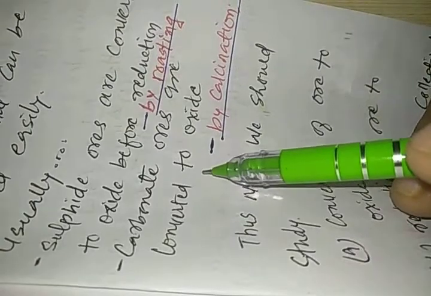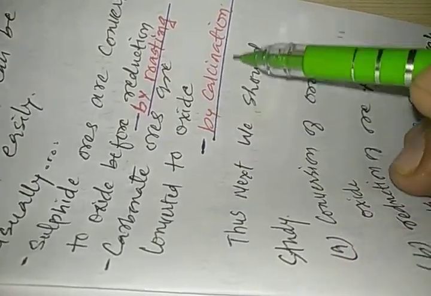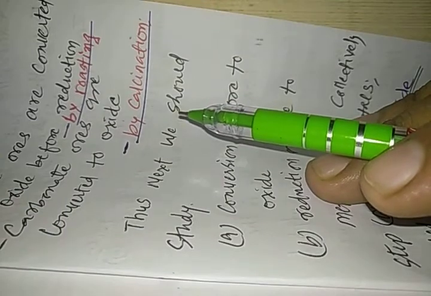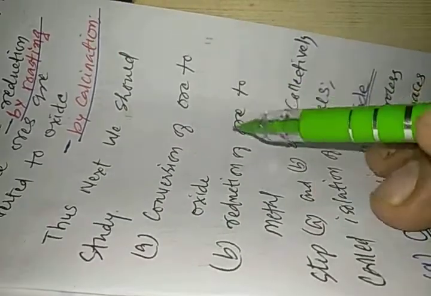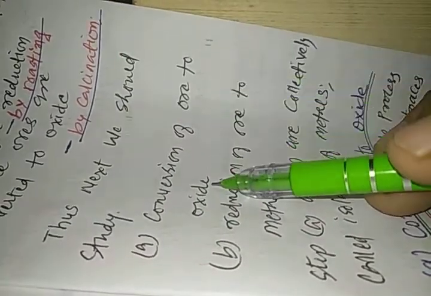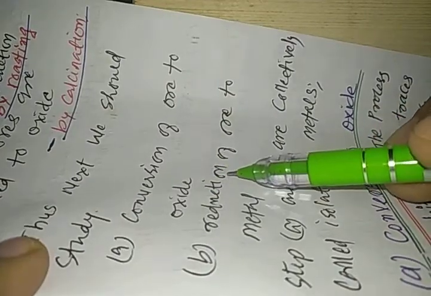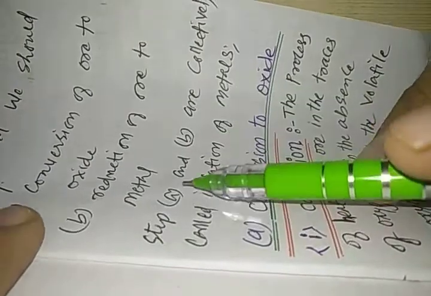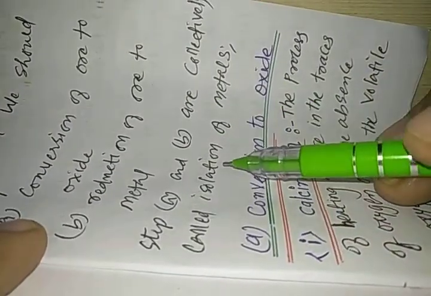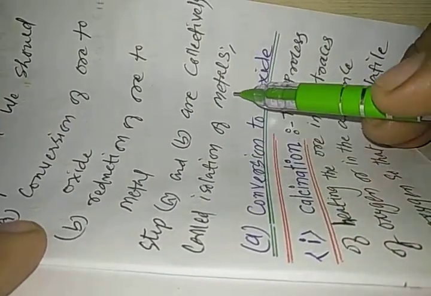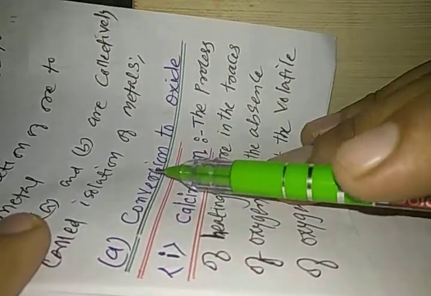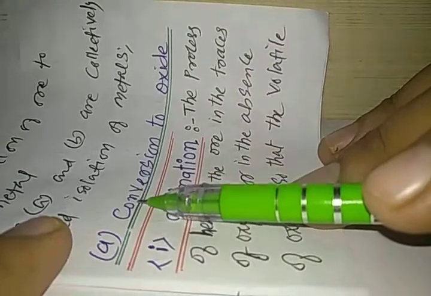Carbonate ores are converted to oxides by the process known as calcination. Thus, next we should study conversion of ore to oxide, and then the reduction of ore to the metal. Steps A and B are collectively known as the isolation of metals.